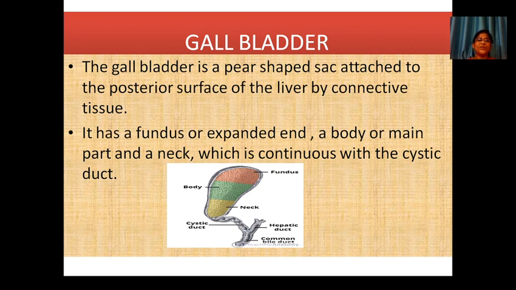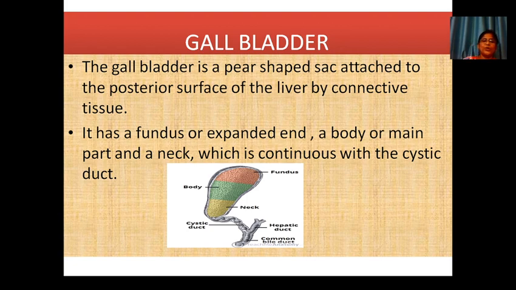With what? With connective tissue. Okay, and it has three important structures. That is the fundus or expanded end, and then a body or main part in the middle, and then the neck, which is continuous with the cystic duct.